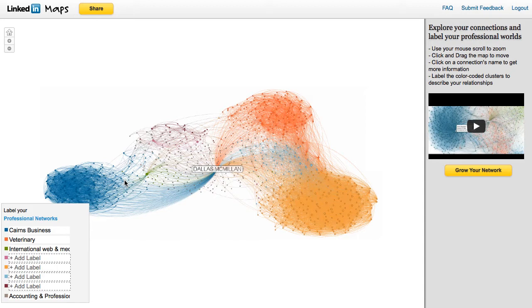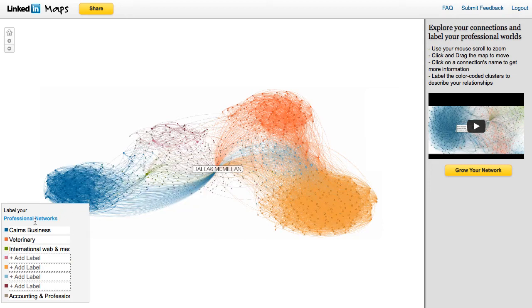Now, I last did this a few months ago, and my network's changed a bit since then, and a whole new area has grown which wasn't really obvious before and now is really prominent. So it's interesting going back and identifying what that new section is. I'm a veterinarian, so I've got a veterinary section here.